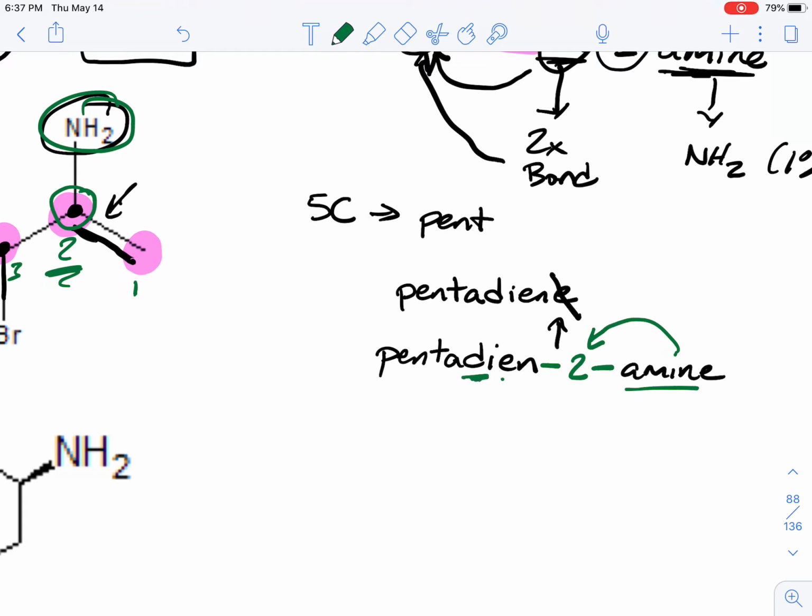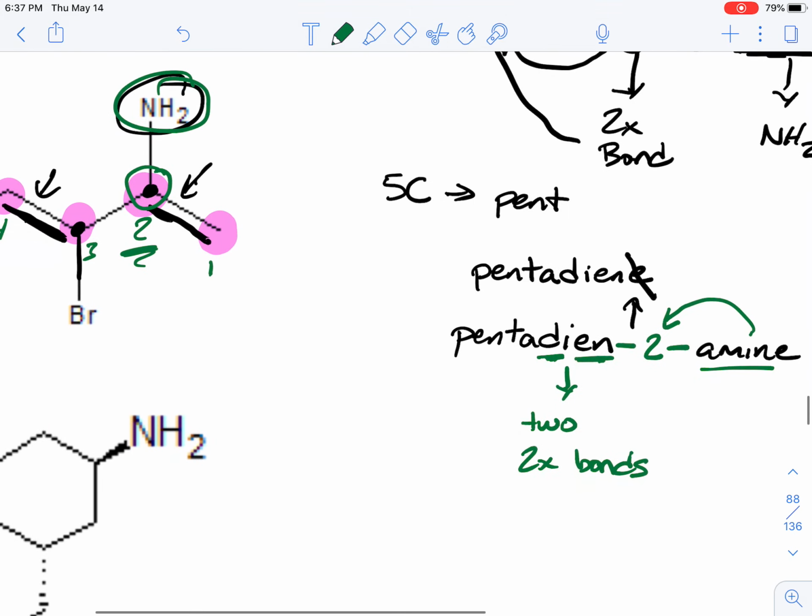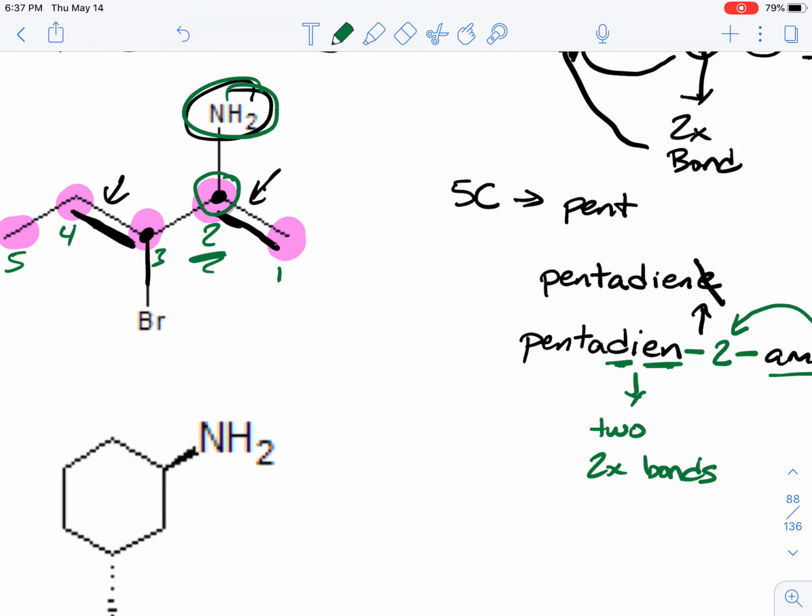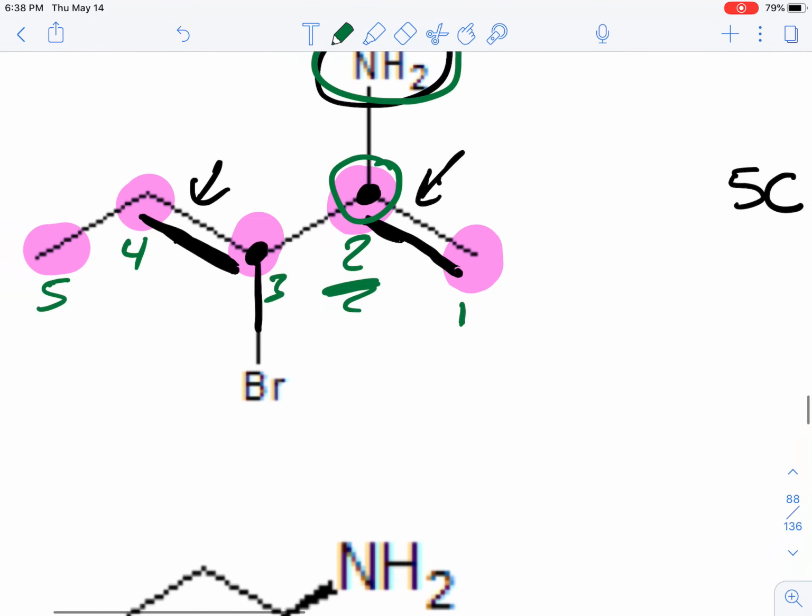So here I have diene. So that means I have 2 double bonds. And I need to communicate to the reader what carbon number those double bonds will start at. And so looking from right to left, already at carbon number 1, I have the beginning of a double bond.